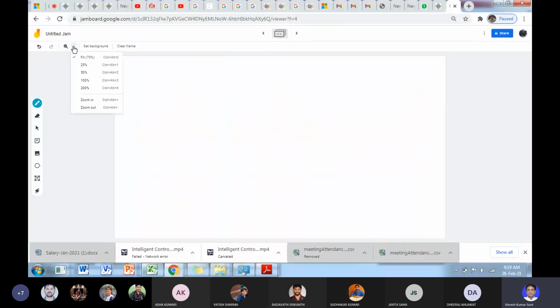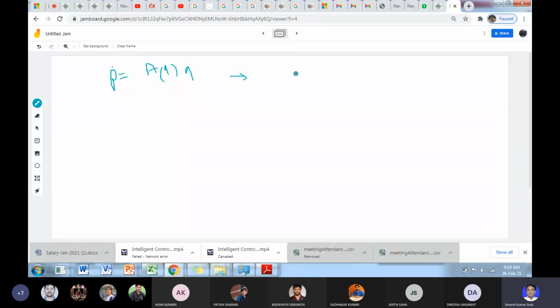Okay, so next is we have P dot equal to AQ into Q dot. Then here what you define?